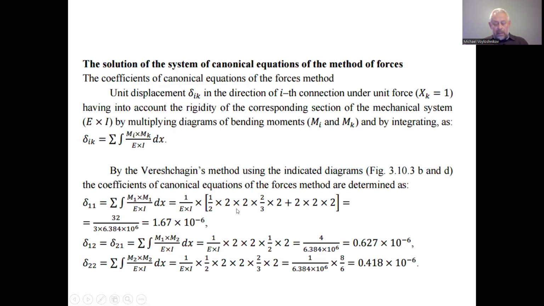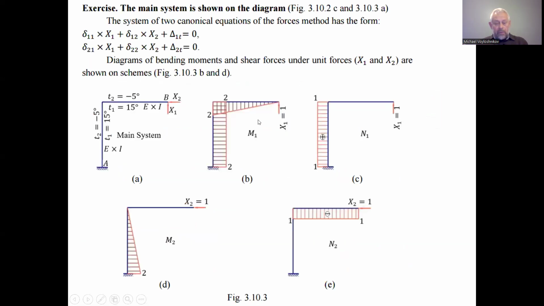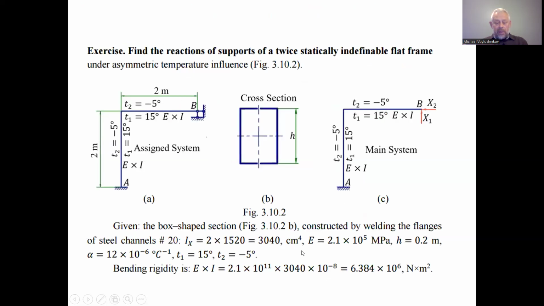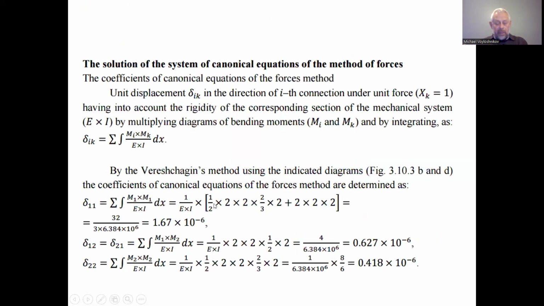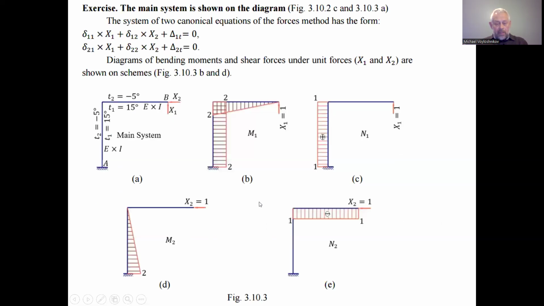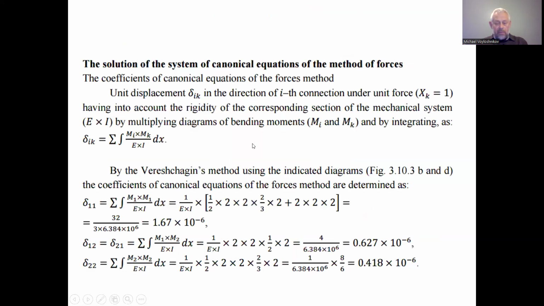The first is the area of the triangular shape, linear, of the bending moment diagram on the horizontal element of the mechanical system, and we have the sign of plus here. Hence perhaps the sign could be plus or minus, but if we product the diagram by itself, as the area and the ordinate under the center of area are of the same sign for the linear diagram.